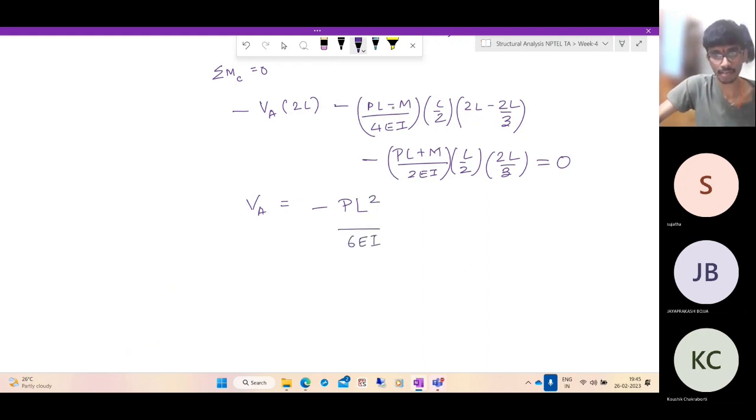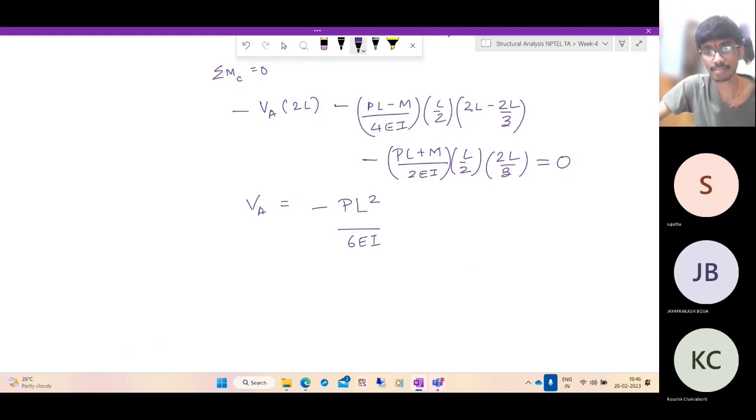You see, it doesn't depend on M in this special case. Why? It's because this will be M by 8. So here you will get a 4L by 3. So 4 gets cancelled. You'll get an ML square by 8EI, ML square by 4EI, and not 4, ML square by 12EI. And here you also have another ML square by, wait.